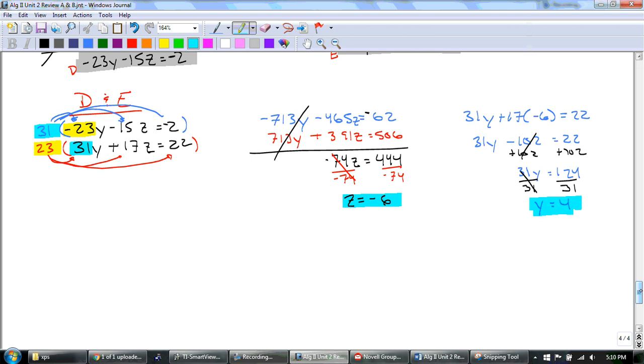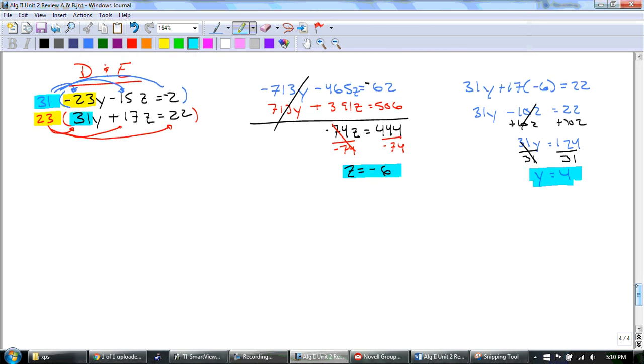Okay, so I found z, I found y. The last thing to do is to find x. So I used B to find x, so I have x minus 6 minus 4 times z equals -3. Okay, and we have 4 and -6.